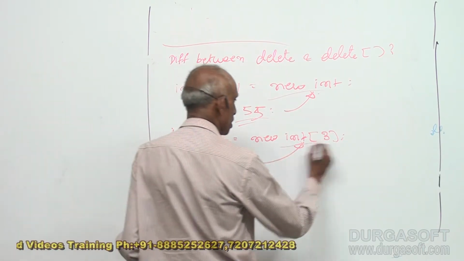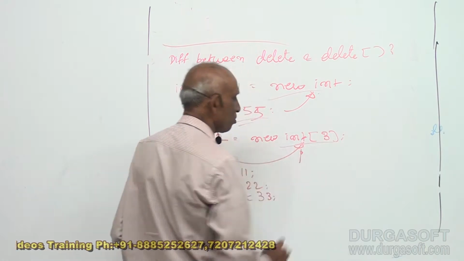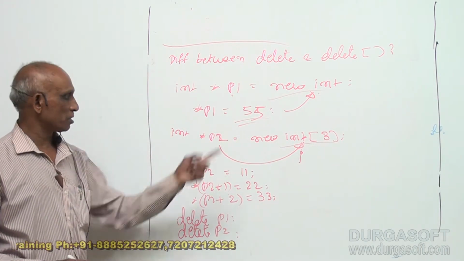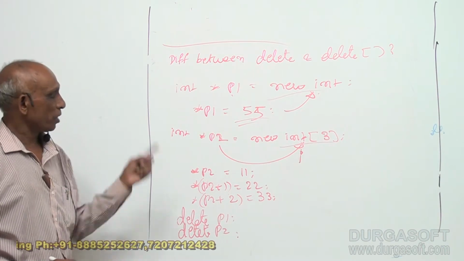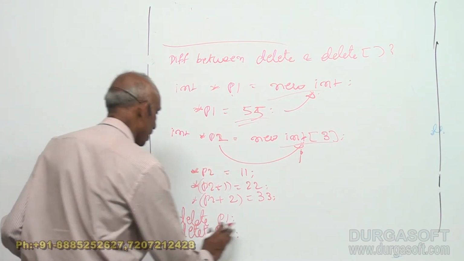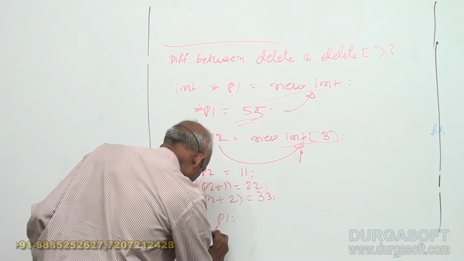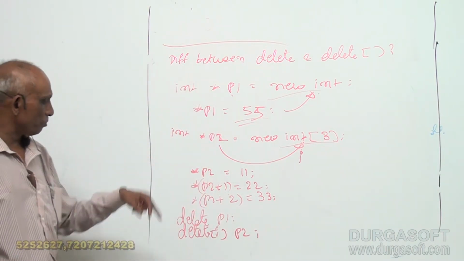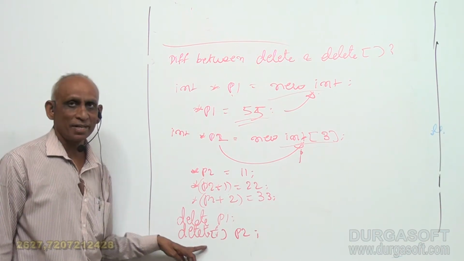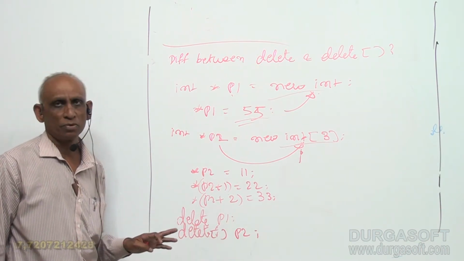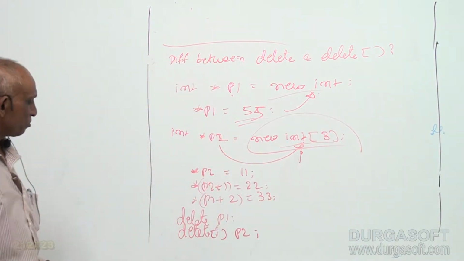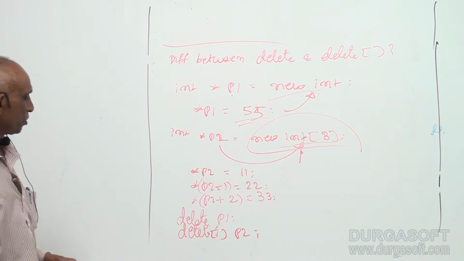There are 3 integers allocated here, it will delete only the first integer. Second and third integer will not be deleted. So that is an array, only one integer. In the second case, I should say delete array p2. First one is delete p1, second one is delete array p2. Then all the 3 will be deleted. This is the difference between delete p1, delete p2.